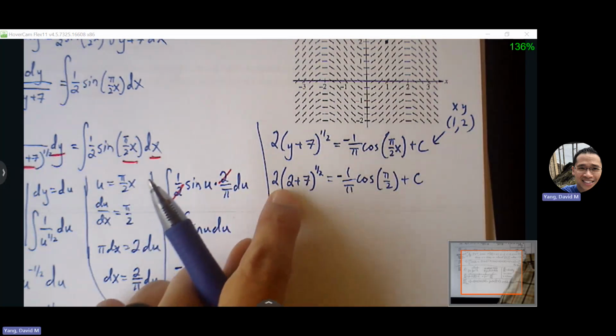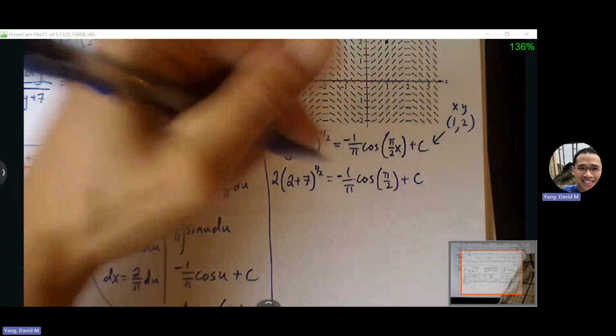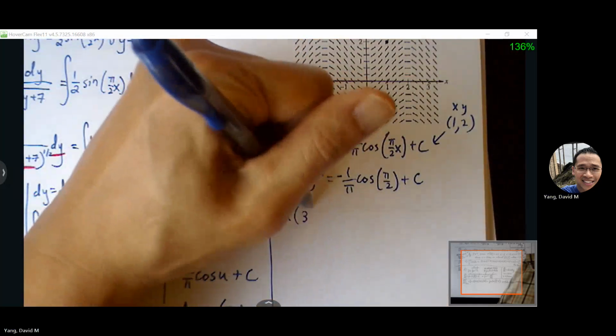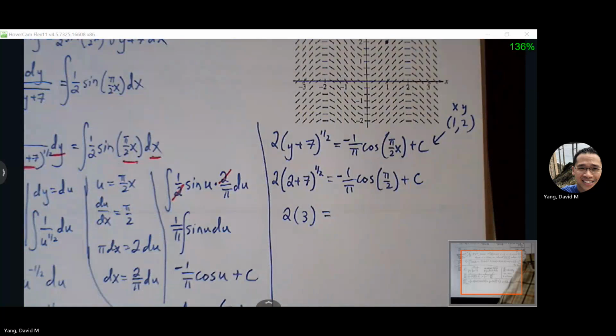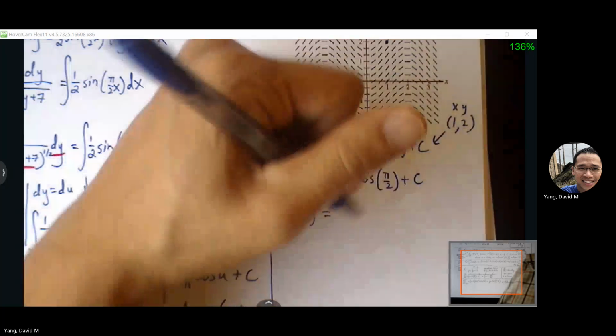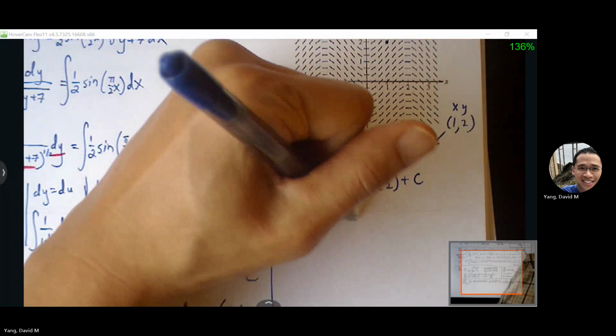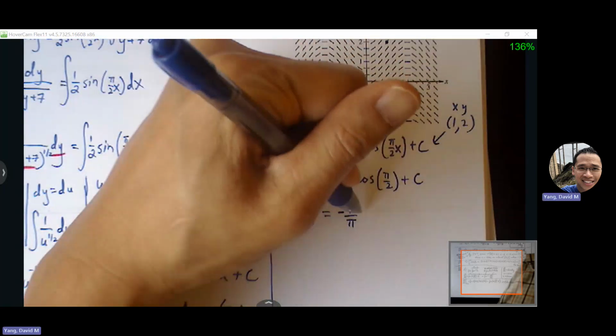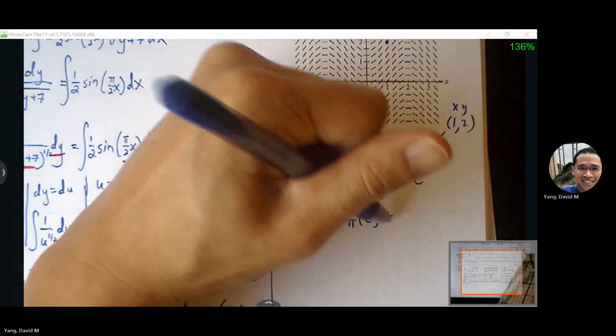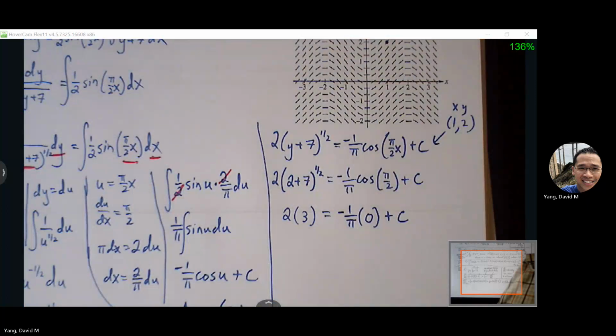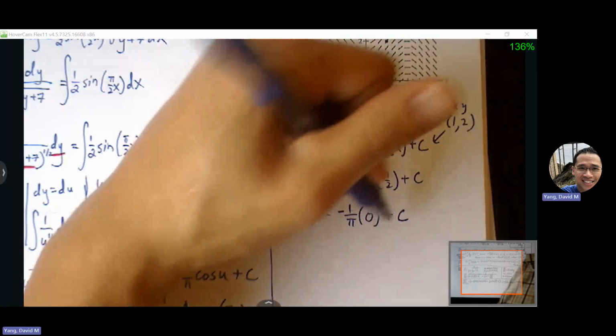Okay. 2 plus 7 is 9. Square root of 9 is 3. Cosine of pi over 2 is 0. And so c is equal to 6.